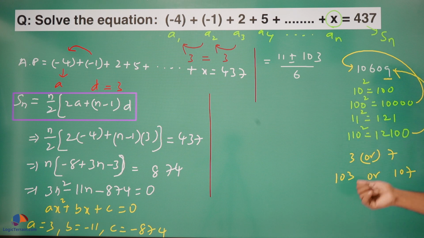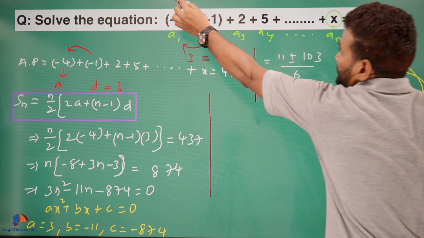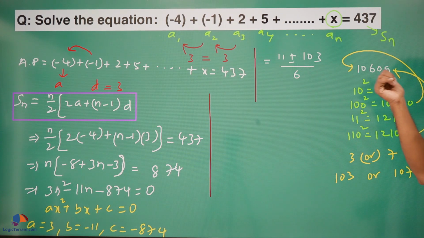So between these two we have these two possibilities. So the square root of this number could be this or this only. And again, this number is nearer to 10,000. Please look carefully. So therefore our required square root of this number is 103.